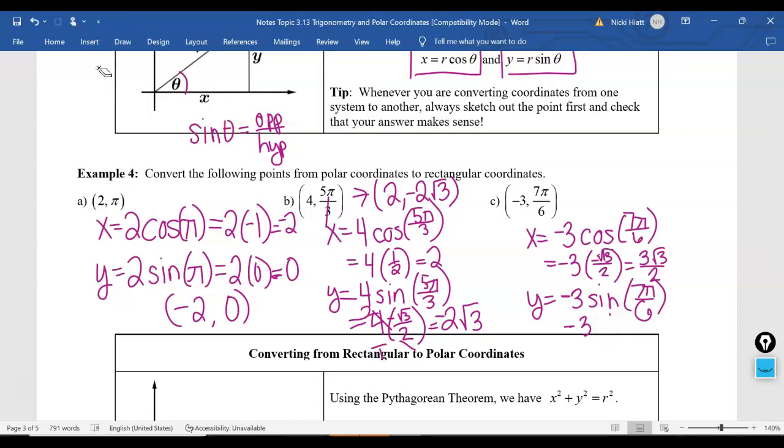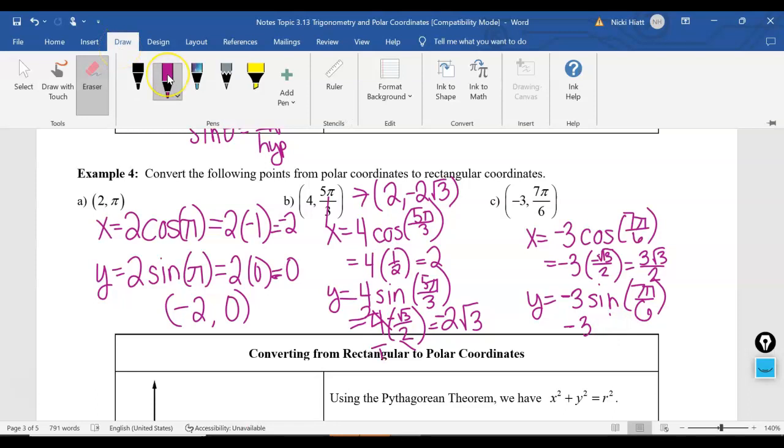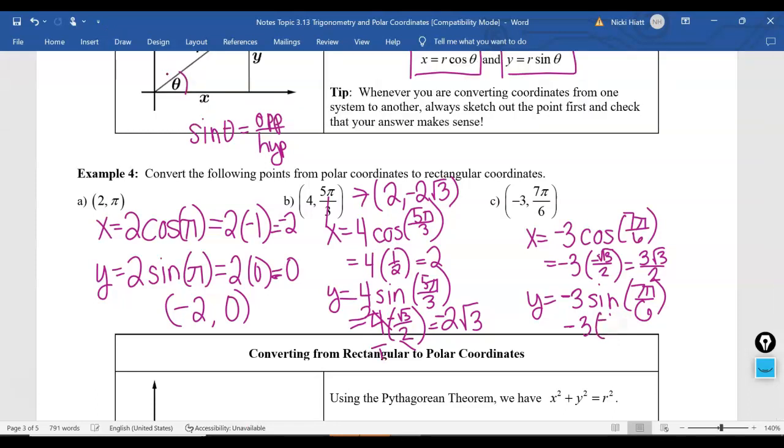Sine of 7 pi over 6 is going to be negative 1/2. And that is going to be 3/2. So this point right here would be 3 square root of 3 over 2 and 3/2.